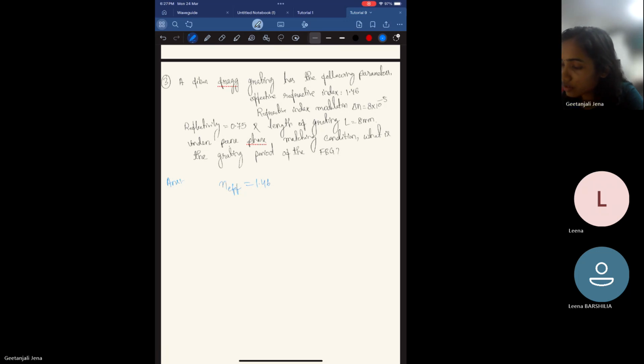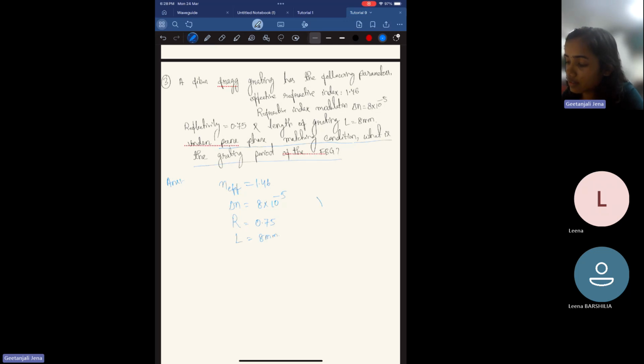The refractive index modulation is also given, it is 8 into 10 to the minus 5. The other value is the reflectivity, which is 0.75, and the length of the grating is 8 mm. The question says, under the phase matching condition, what is the grating period of the fiber Bragg grating?